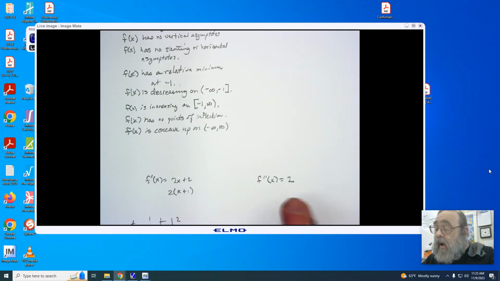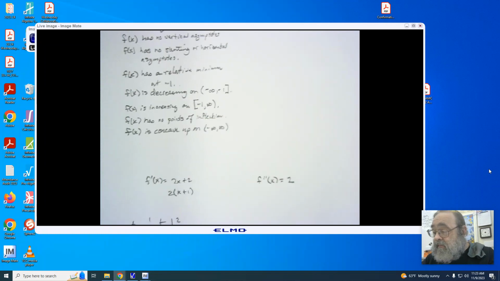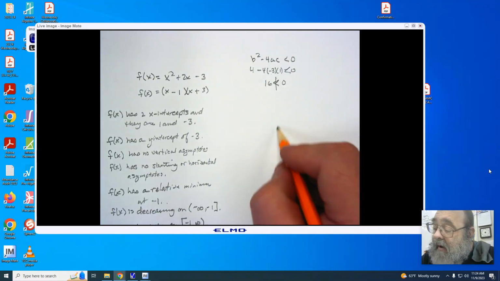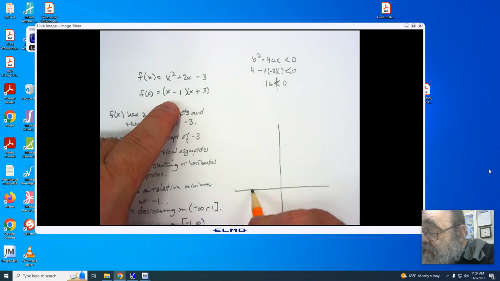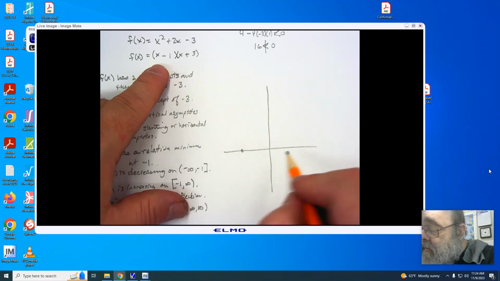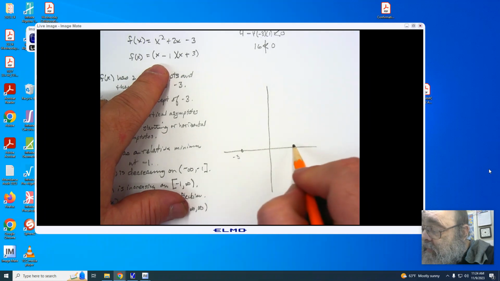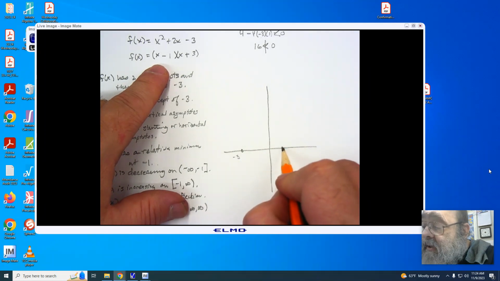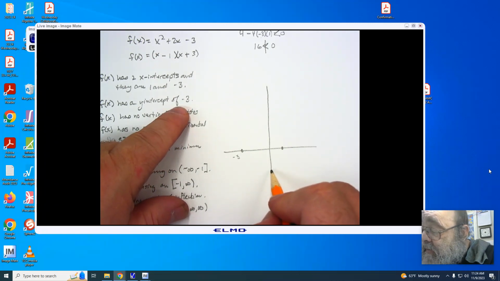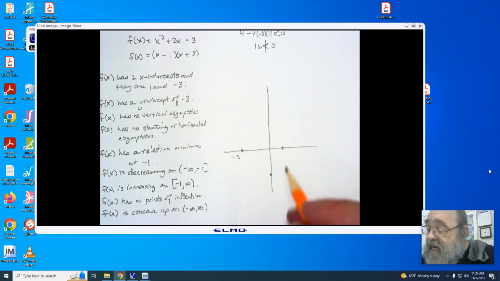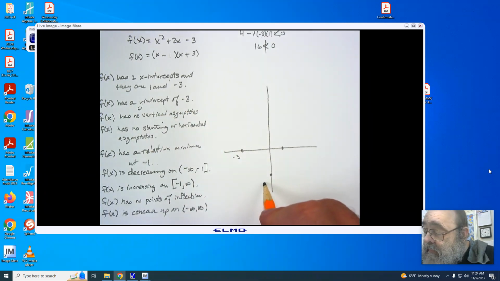Once again, always positive. Sign chart is just positive. Now we put in our graph. We have a negative 3 as an x-intercept, positive 1 as an x-intercept, y-intercept is at negative 3, relative minimum is at negative 1.